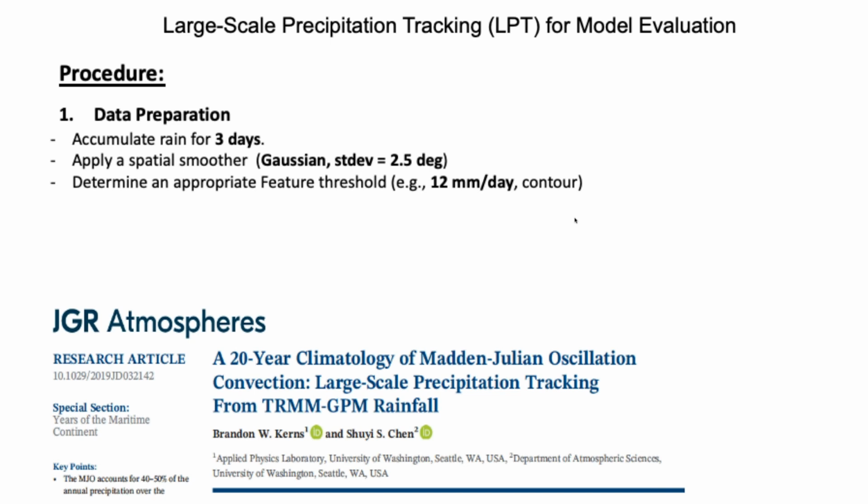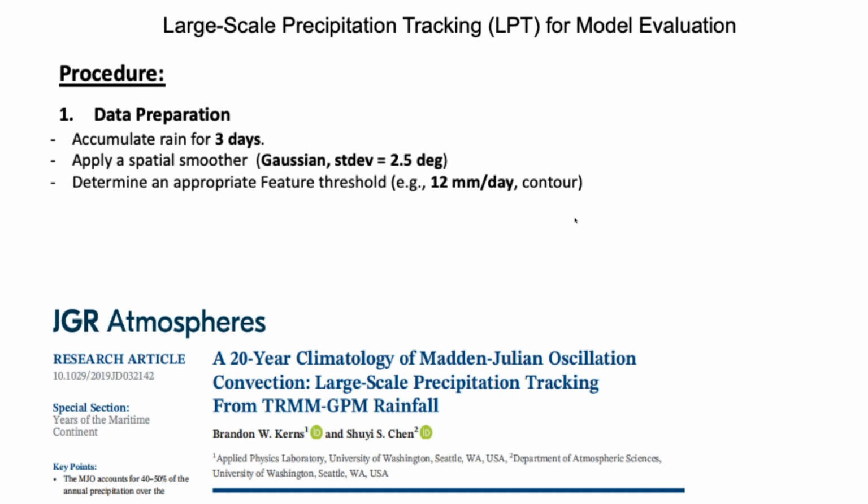First of all, we apply some very simple filtering using accumulated rain for 3 days. That is essentially filtering in time, and we apply a spatial smoother using Gaussian smoothing with a standard deviation of 2.5 degrees. That is basically space filtering. So these two methods guarantee that we focus on larger-scale precipitation characteristics.